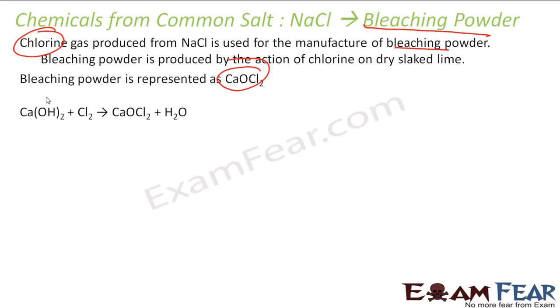You have this slaked lime, you pass the chlorine gas, which you got from electrolysis of NaCl, and this chlorine gas in turn is used to get the bleaching powder, CaOCl2, correct?